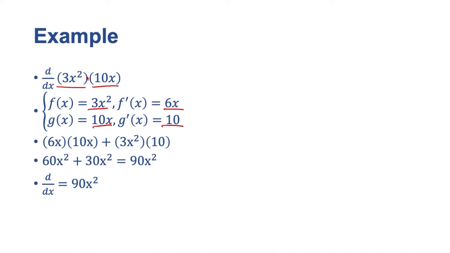And again, if you want to try with the power rule, you can. I'll show you what's going to happen. We're just going to multiply this. We'll get 30x cubed. And then when we want to take the derivative of that, it's just going to be 3 times 30x to the 3 minus 1 power.